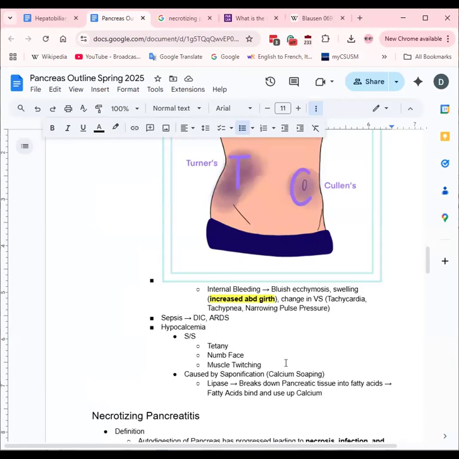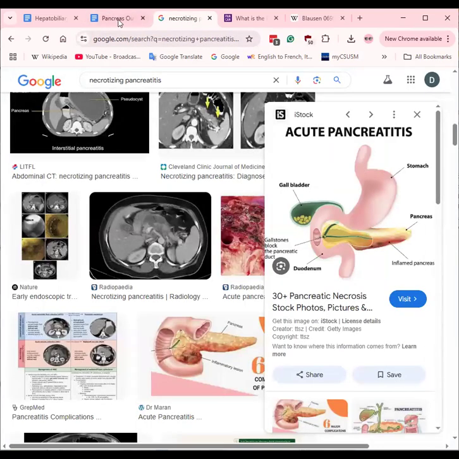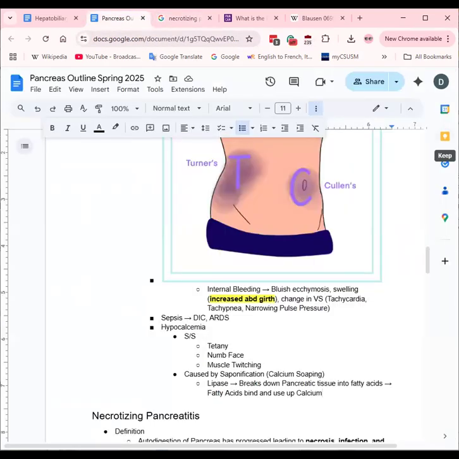You don't really need to know the logistics of it, but this is what happens: the lipase breaks down fat. Your pancreatic tissue is like a fatty tissue, so it breaks things down into fatty acids. Those fatty acids like to bind to calcium, and it essentially creates a little calcium soapy thing.